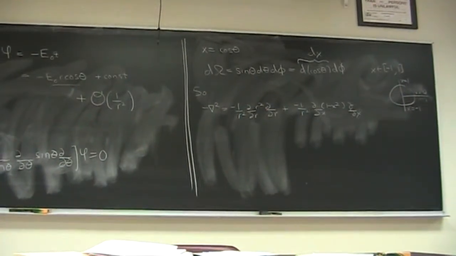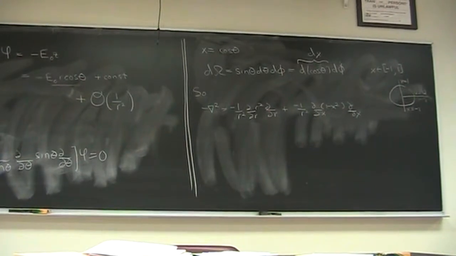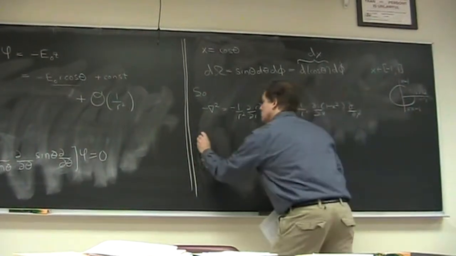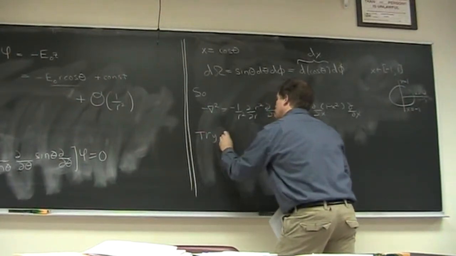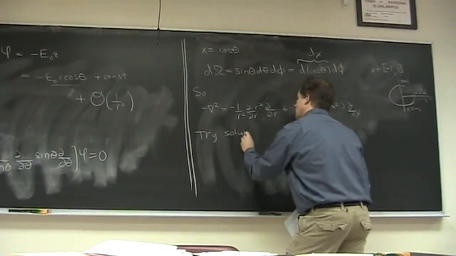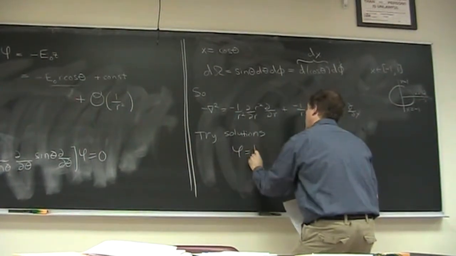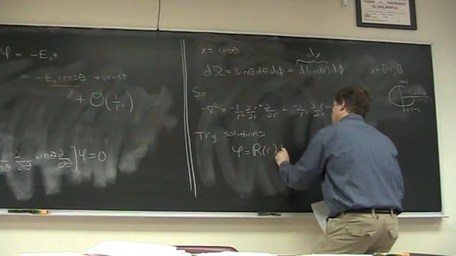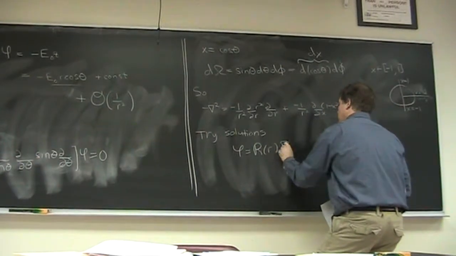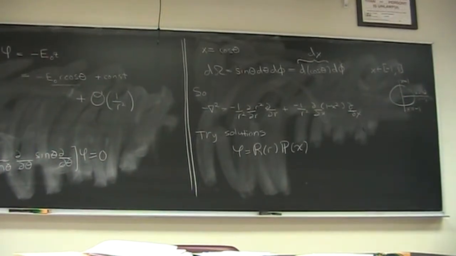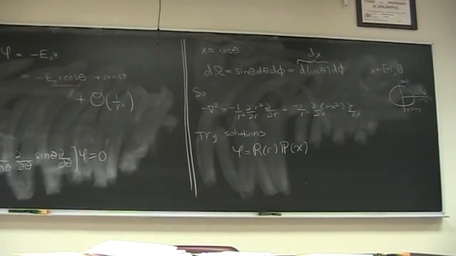Okay, so first thing we do, right, is we want to separate variables, so we try a solution. Try solutions. So phi is R times some function, which I'll call P of x, because it eventually will be Legendre polynomials. We'll get to that statement in just a second, okay? So we try solutions of this form.